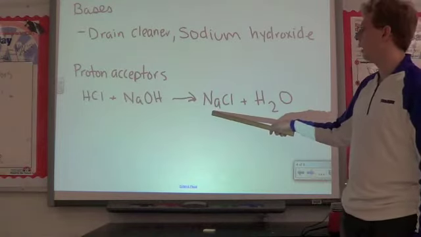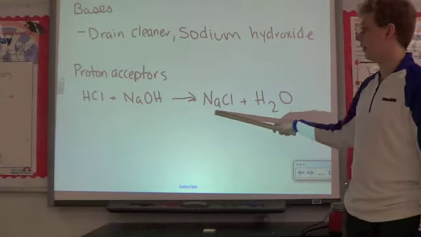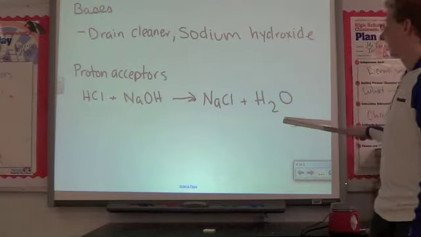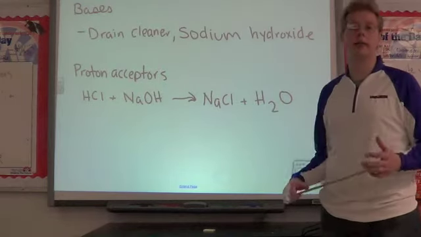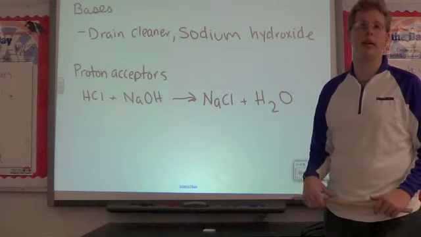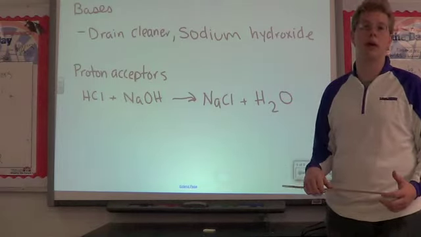And as a result, we get two new products formed. We get a salt, in this case sodium chloride, and then we also get water. The hydroxide ion, the OH-, is going to bond with the H+ that's being donated by an acid.